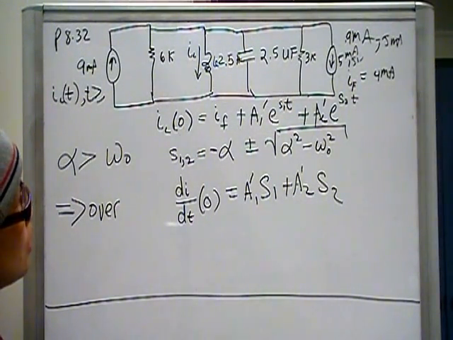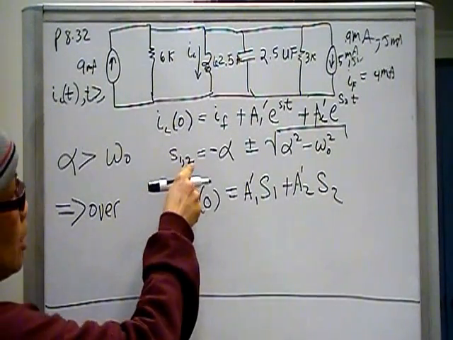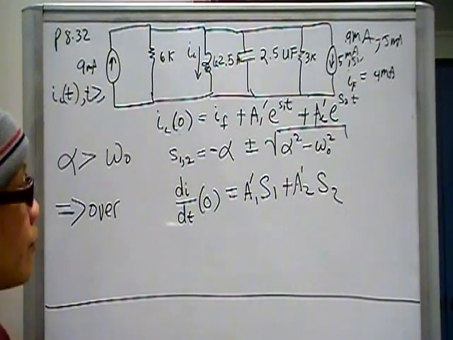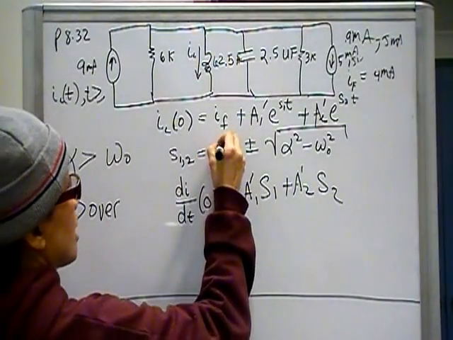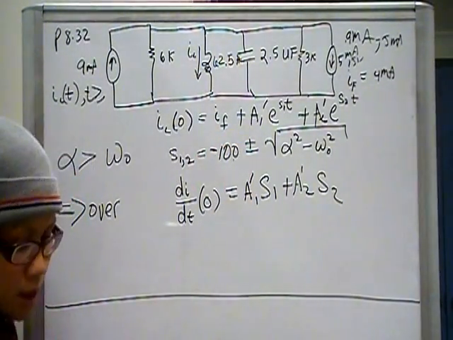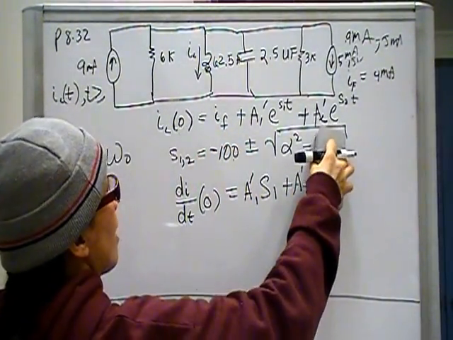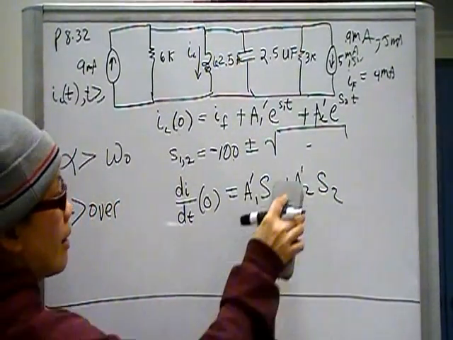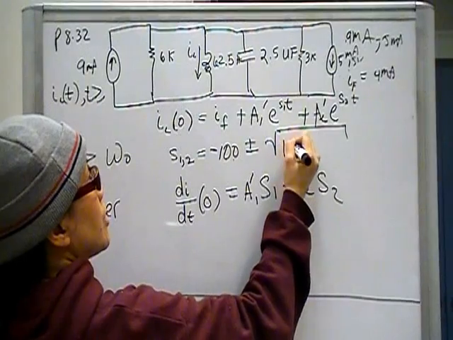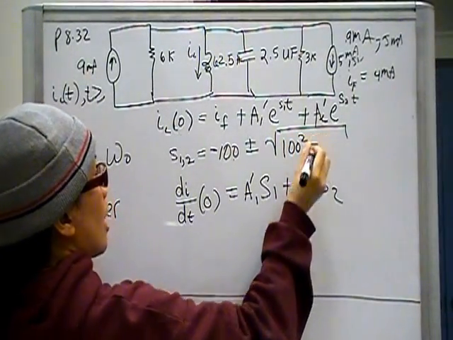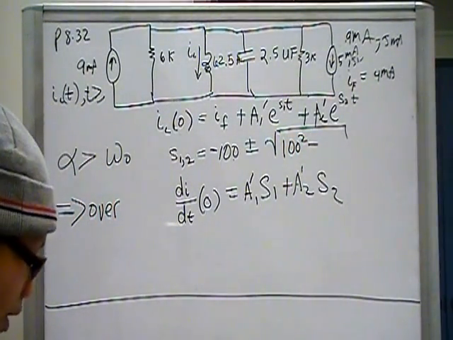All right, so now that we have everything, let's take a look at the S's. We had alpha was 100, so it's going to be minus 100, and we've already figured out omega naught and alpha, so this is going to be 100 squared minus 80 squared.